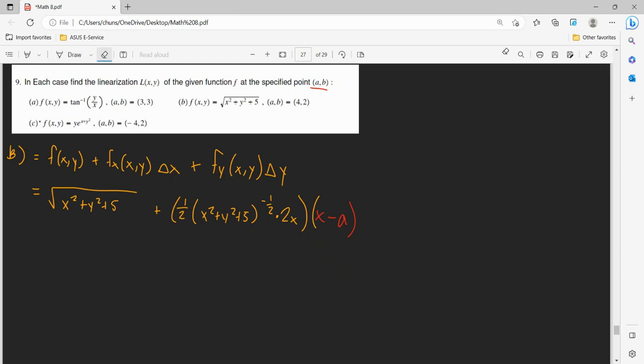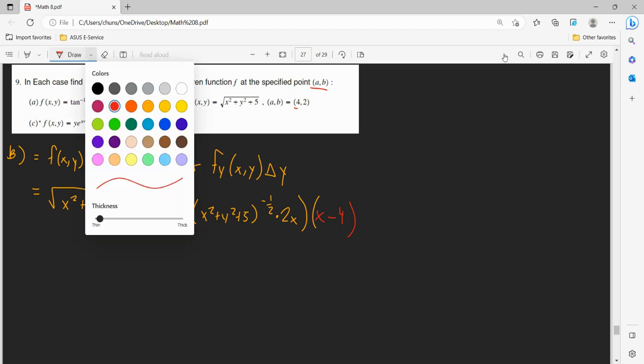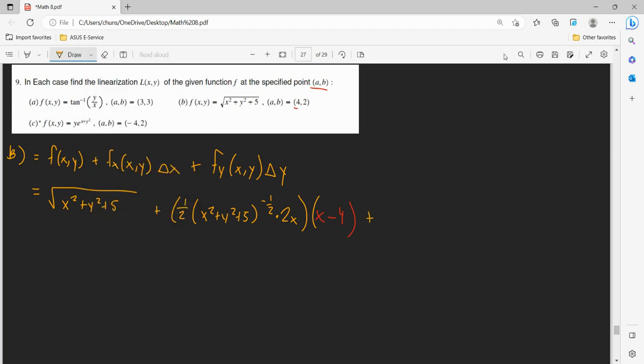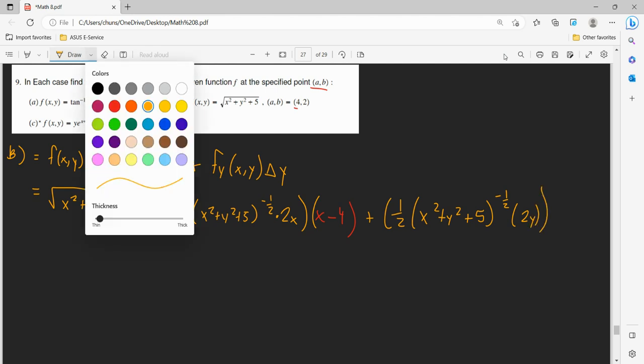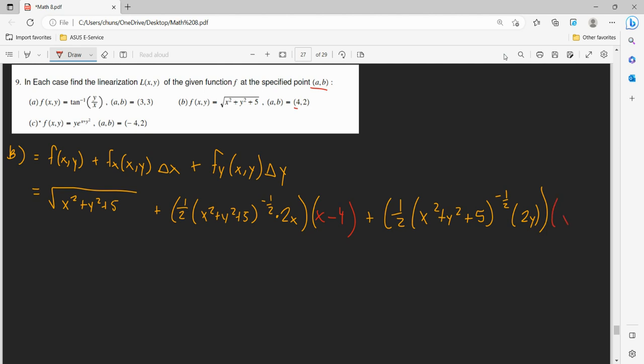Sorry, and in this example, a, b is equal to 4, 2, so we're going to put 4 in for this part. And this is plus our y partial derivative, so it's 1 over 2 x squared plus y squared plus 5 to the negative 1 over 2 times 2y. And this is multiplied by our delta y, which is y minus our b, which is 2.